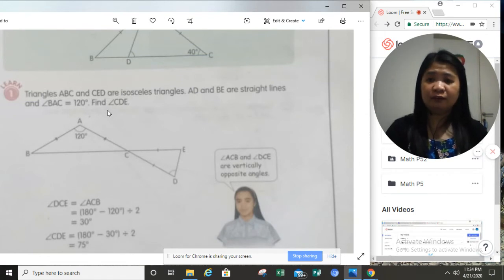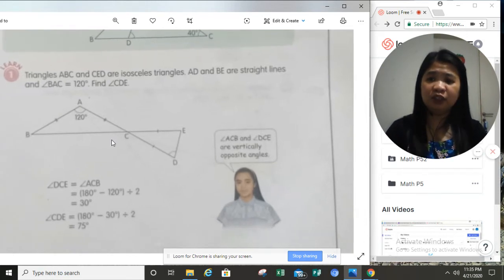Now there is another given here. Angle BAC is equal to 120 degrees. So if you have 120 degrees here, you can easily find the two angles here. Now find angle CDE. Let us first identify angle DCE.